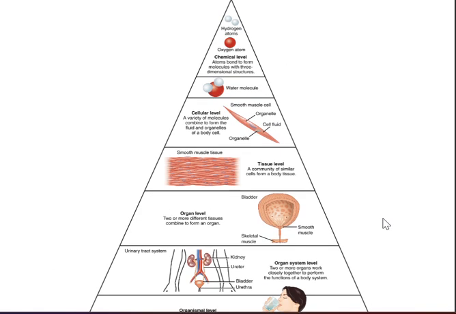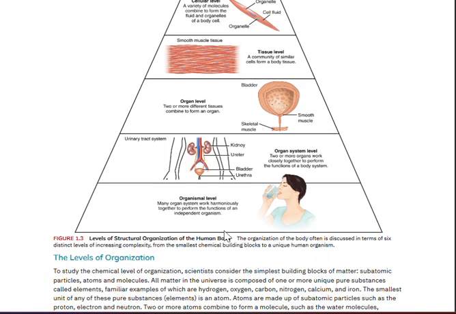This is just a little chart, right? So you've got the level of the organism. That's when you've got the organ systems working together to perform the functions of an independent organism. Organ system level: two or more organs work closely together to perform the functions of a body system.